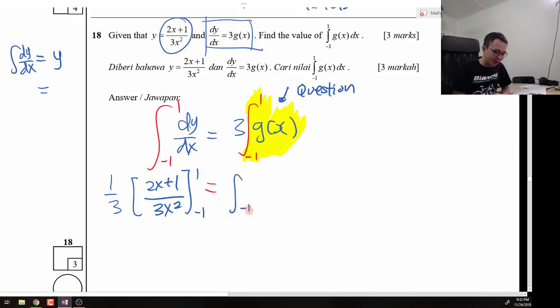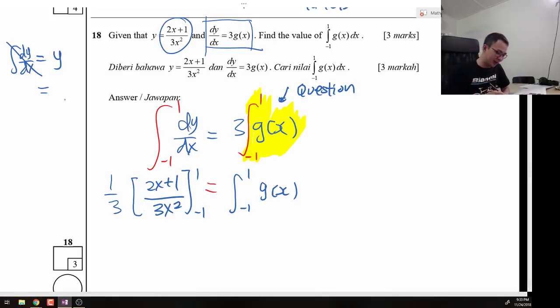When I integrate -1 to 1 gx, you realize in the whole process over here, I never really integrate anything. I just simplified the equation, because I understand that integrating dy dx, I actually get y.